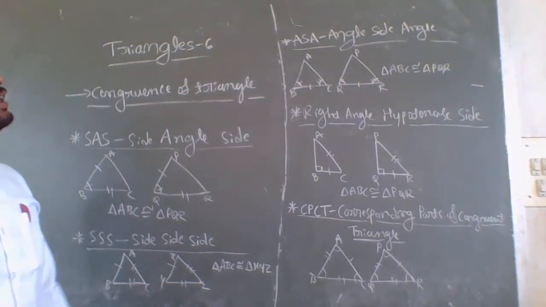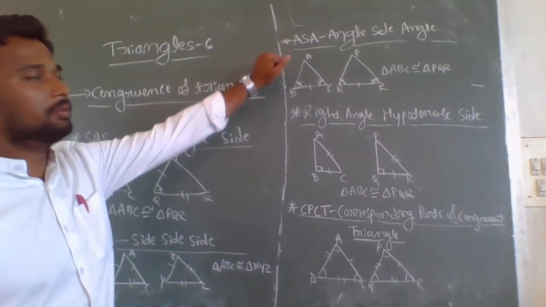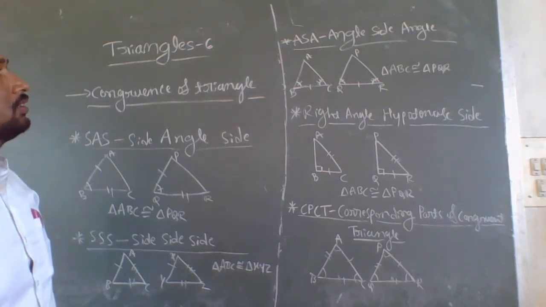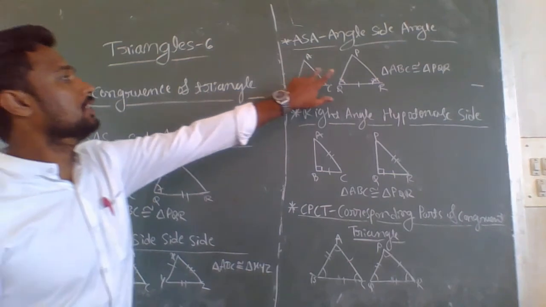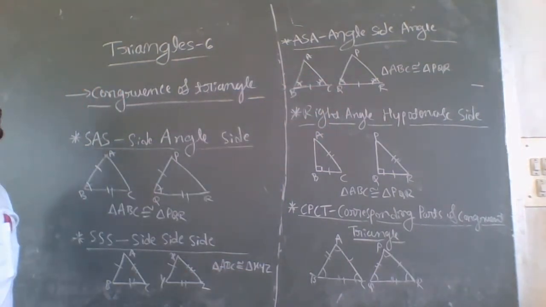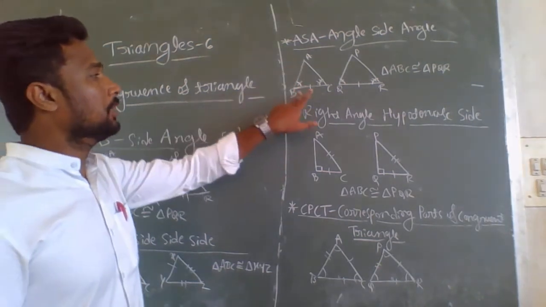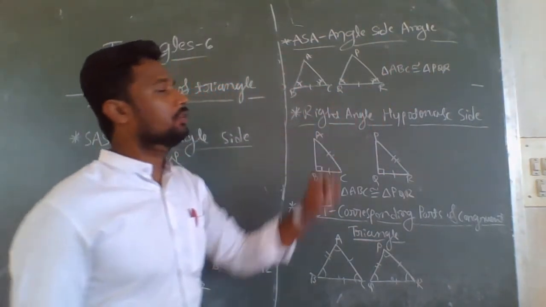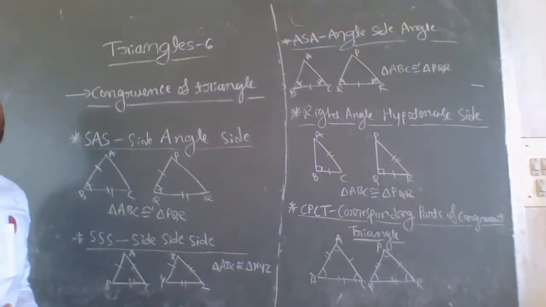So by ASA, angle side angle, these two triangles are congruent. Therefore, triangle ABC is congruent to triangle PQR according to ASA.